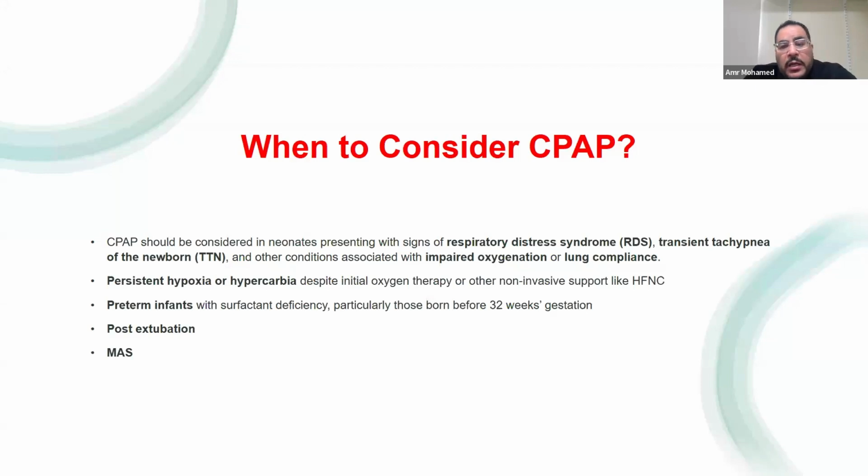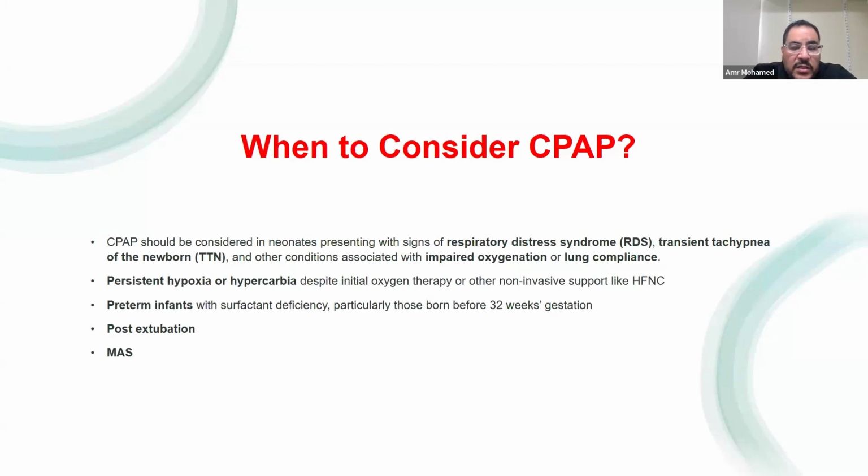And here, what are the indications of CPAP? CPAP should be considered in neonates presenting with respiratory distress syndrome. This is a common use of CPAP. Also TTN. But anyhow, other conditions associated with impaired oxygenation or lung compliance can benefit from CPAP, such as persistent hypoxemia or hypercapnia.